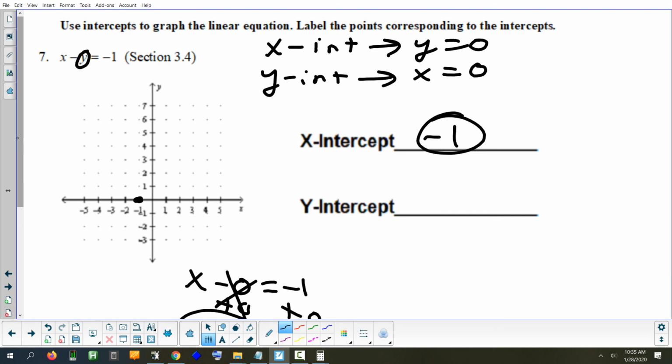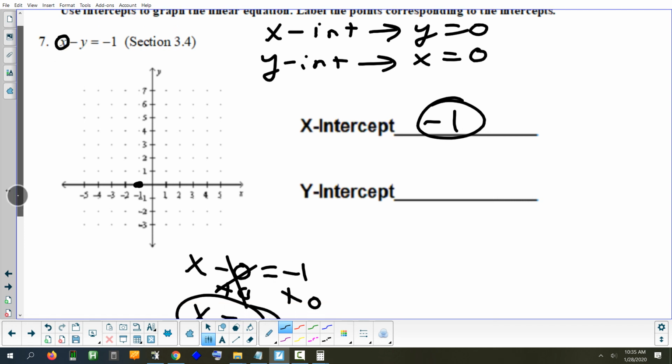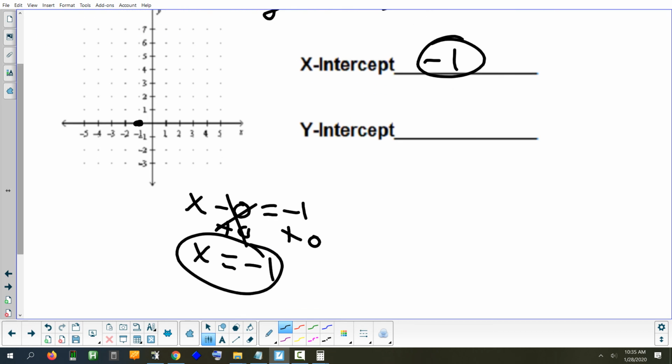All right, to find the y-intercept, what number do I plug in? 0. And where do I plug it in? Plug it in right here. Plug in 0 for x. 0 minus y equals -1.